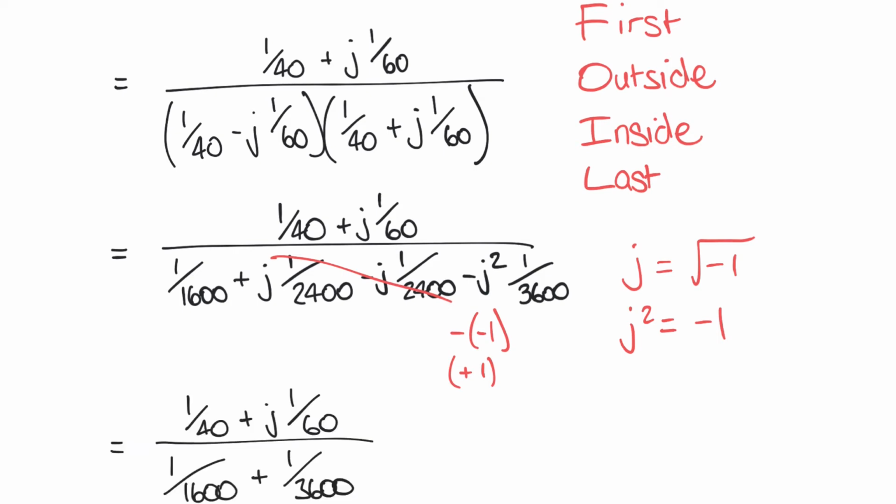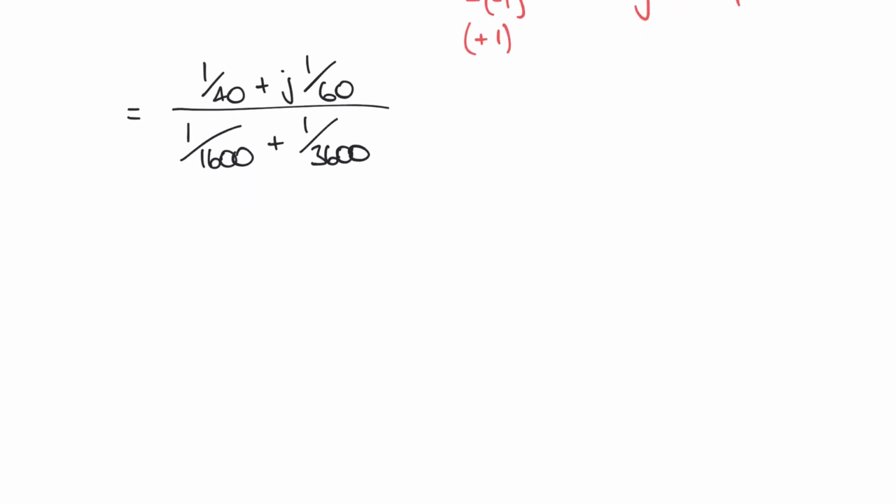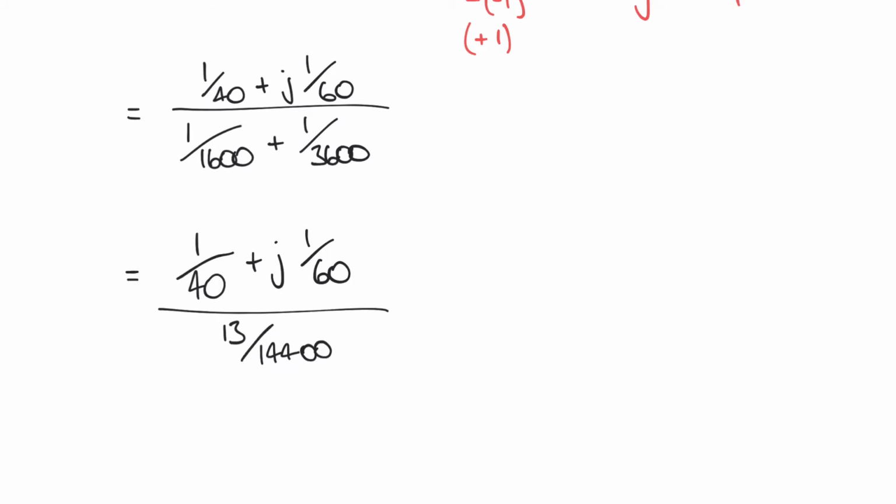We end up with just 1 over 1,600 plus 1 over 3,600 on the bottom here. And if we add those two together, they're both just real numbers. We get 13 over 14,400 as the denominator of the fraction there. And you'll see that's just a real number. There's no j terms anymore, and that's because we've multiplied by the complex conjugate.